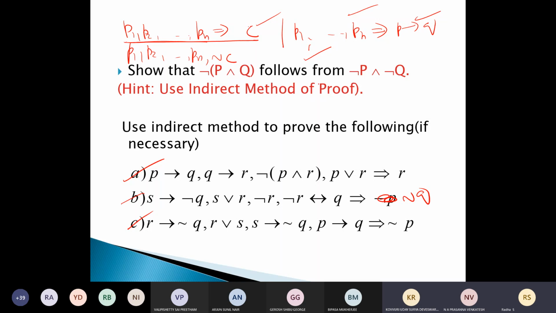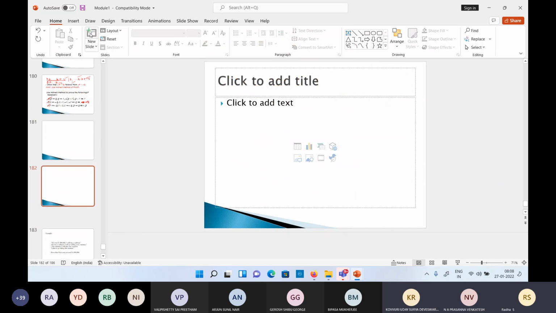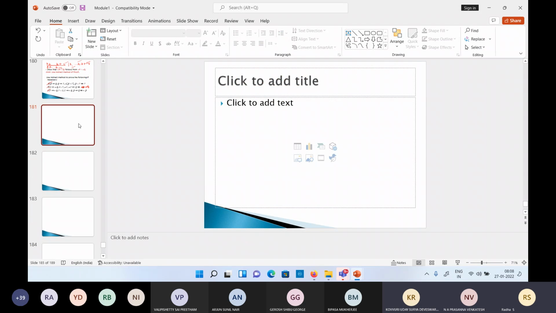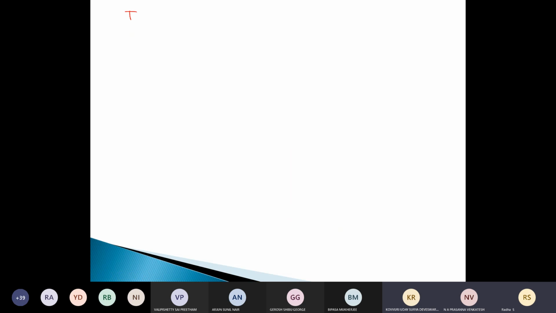Show that not of P and Q follows from not P and not Q, using the indirect method.